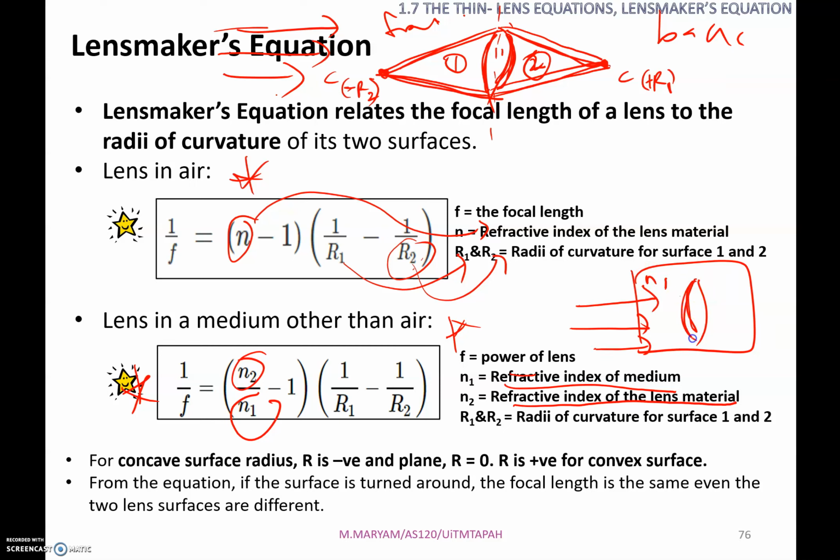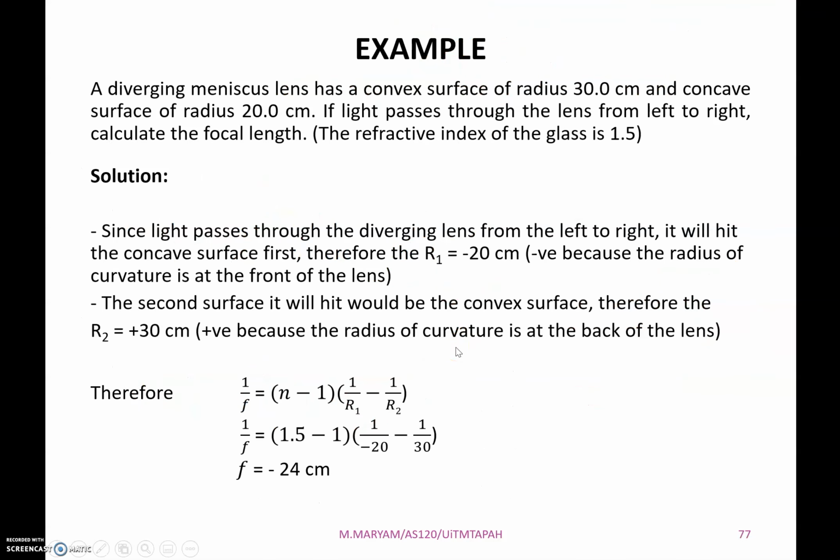Once it hits the lens, the material is my n2. Again, R1 is the radius of curvature of the first surface of the lens, and R2 is the radius of curvature for the second surface. So make sure you identify first whether the radius of curvature is positive or negative.